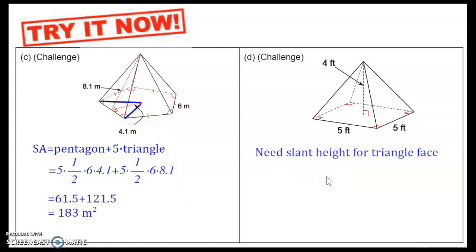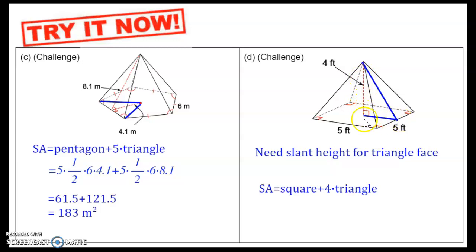The next problem. Okay, we need the slant height of the triangle face. We don't have this height. So how do we figure that out? Well, we can use the Pythagorean theorem. That always comes in handy. So we have 4 feet here, that's the height of the pyramid.